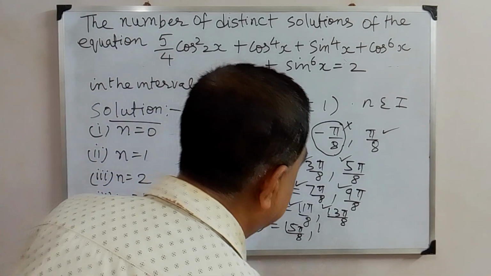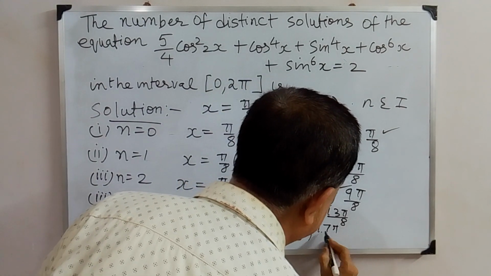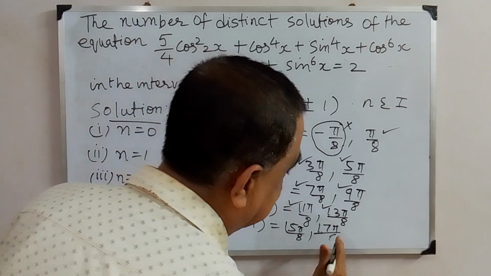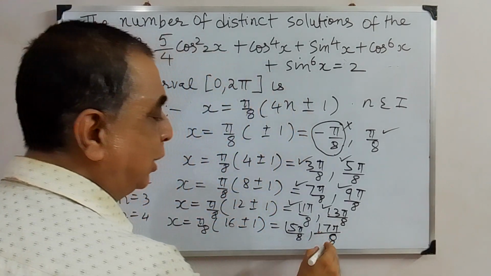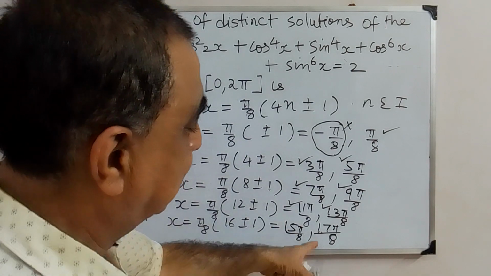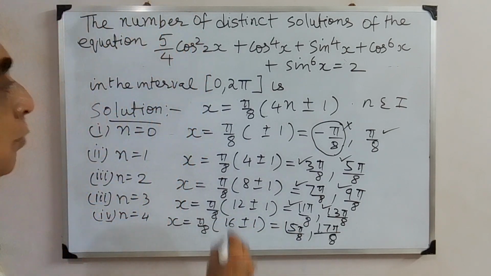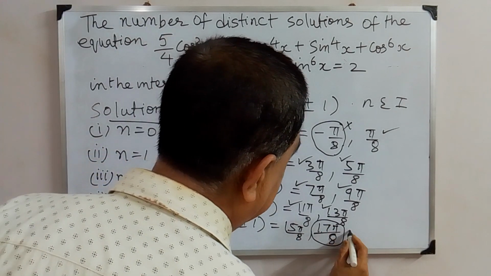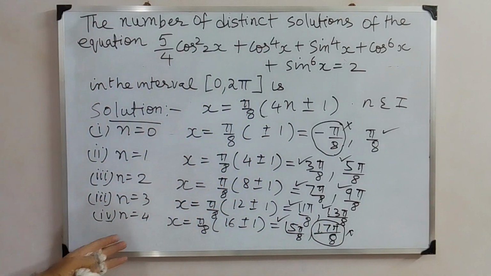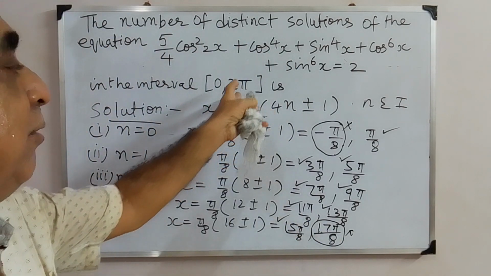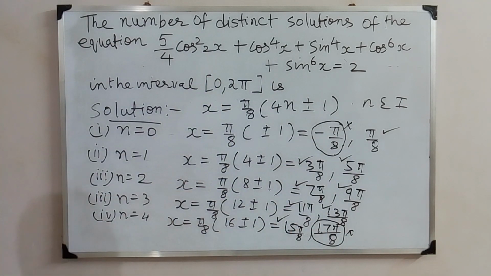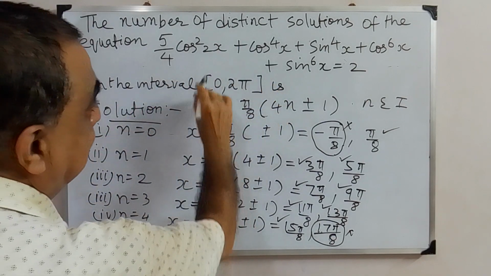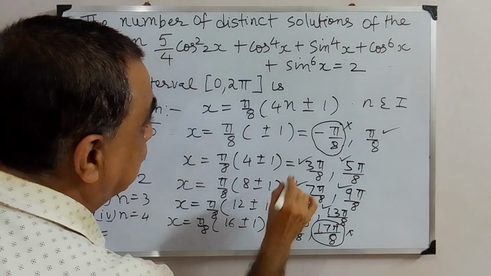But 17 pi by 8 is more than 2 pi, because 16 pi by 8 is just 2 pi, and this is 17 pi by 8, which is greater than 2 pi. So this value is not accepted. This is rejected and the other value is accepted. If we put an n value greater than 4, we will get out of range, greater than 2 pi.